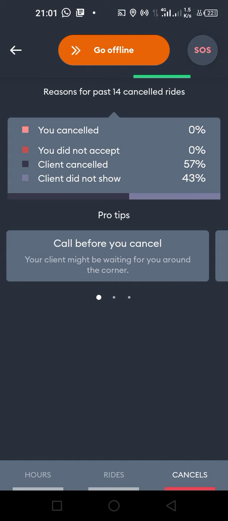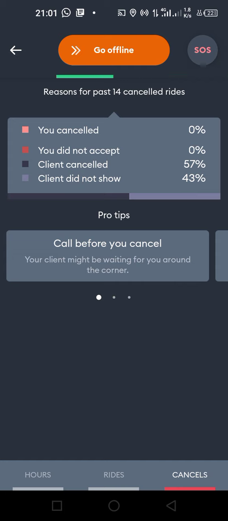These are the reasons why those 14 trips were cancelled. When they say you cancelled, it means the driver has cancelled. In this instance, the driver hasn't cancelled any trip, that's why it's 0%. So assuming the driver has picked more than that, it will be shown there for the past 100 trips, because Bolt uses the last 100 trips to calculate anything on the platform.